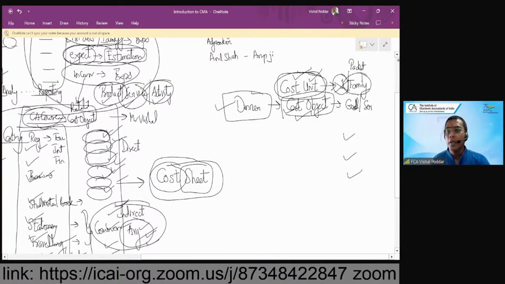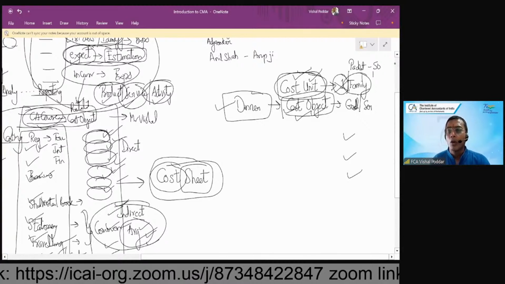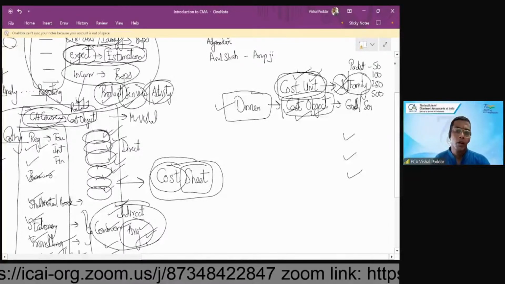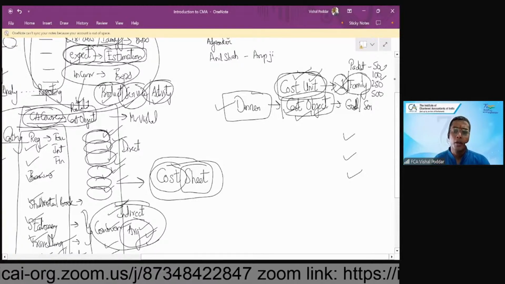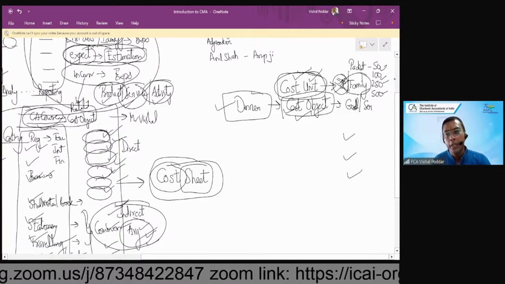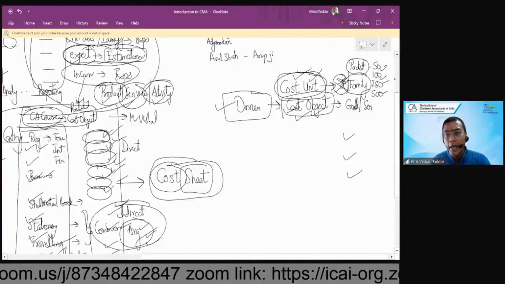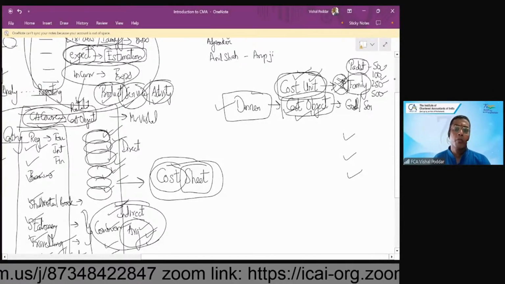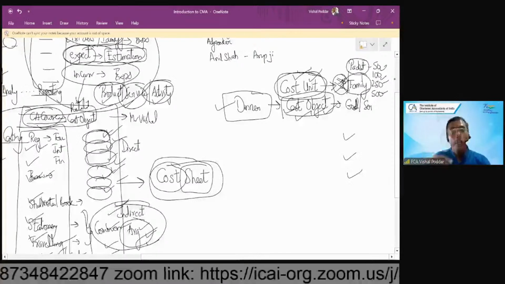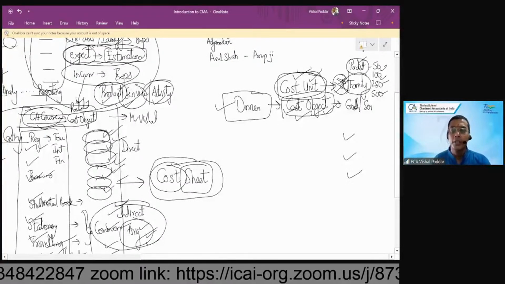The packet may be of 50 gram or 100 gram or 250 grams, or it may be a wholesale or family pack of 500 gram, whatever. Point is, I don't do costing of one piece of biscuit, I do costing of the entire packet of biscuit. So my cost object is biscuit, and the quantity for which I have to find out cost is the packet.